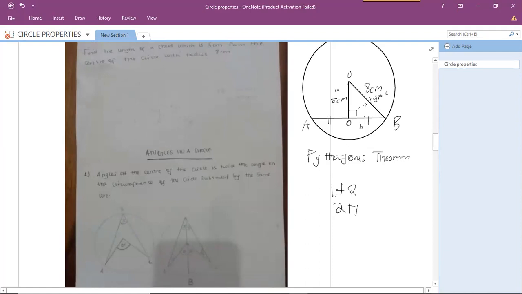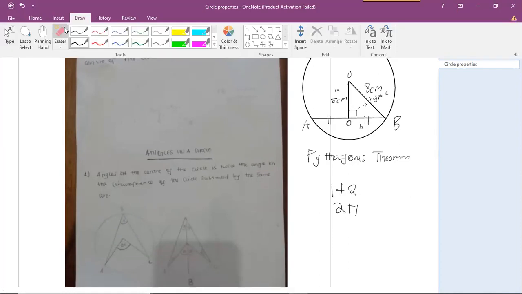I think this is the commutative law of addition. So it doesn't matter which one you start with. You can either say this is B, this is A, or this is A, this is B. You will still get the same answer.